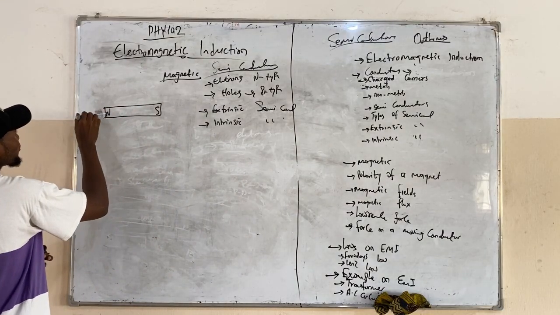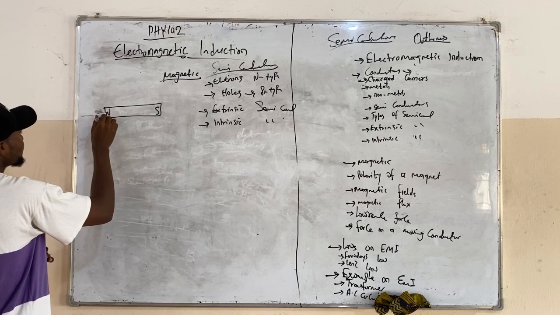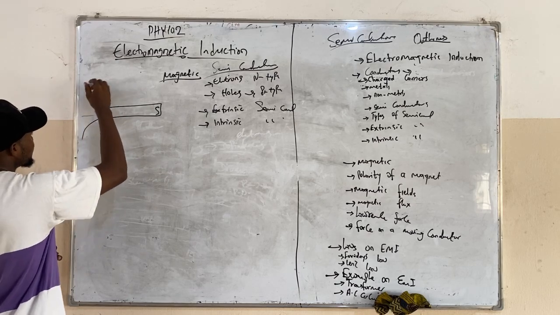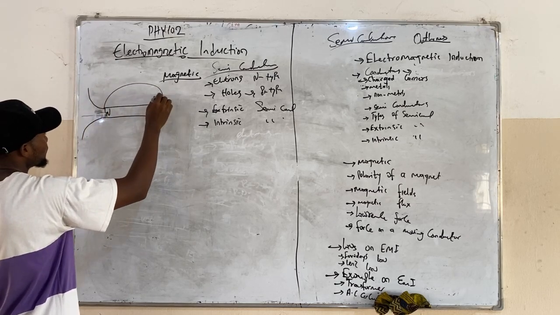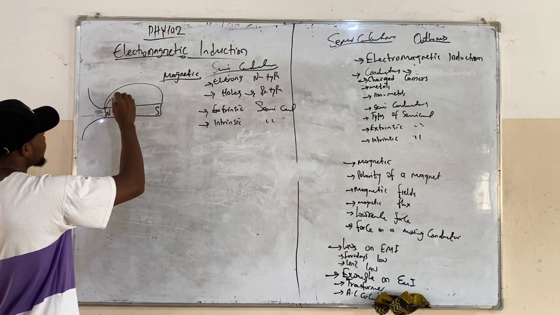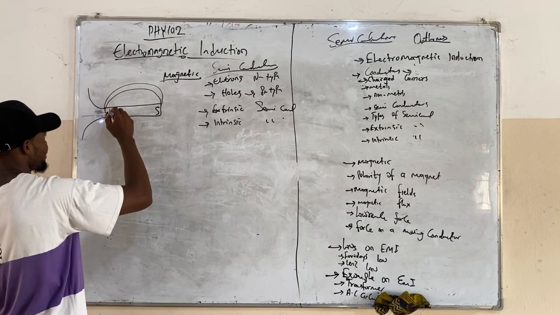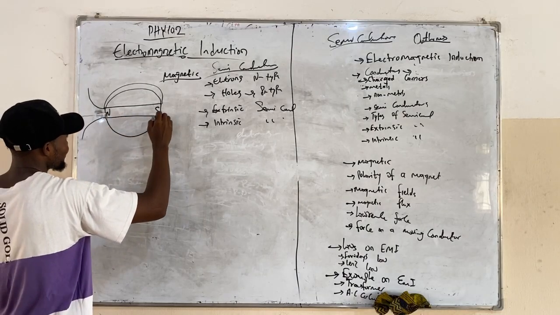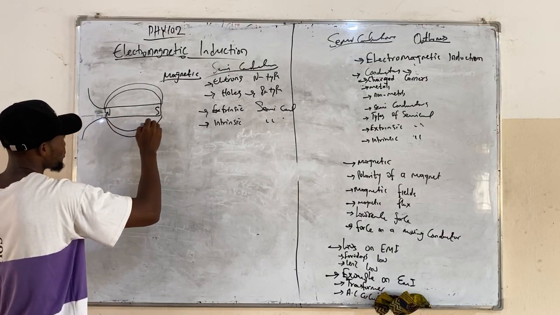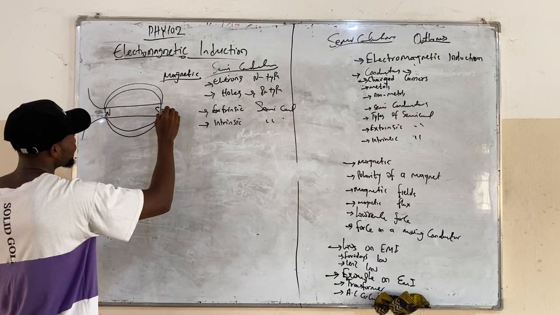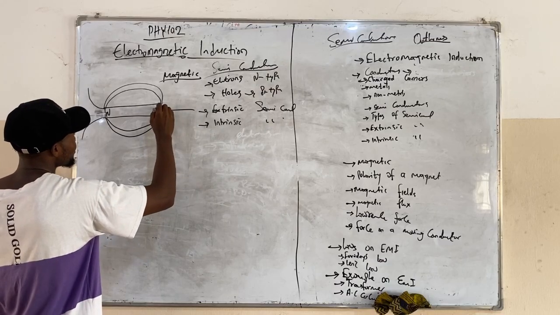So here is the diagram of a magnet. Sorry, my drawings may not be as accurate as those in a textbook, but this was just a clue.